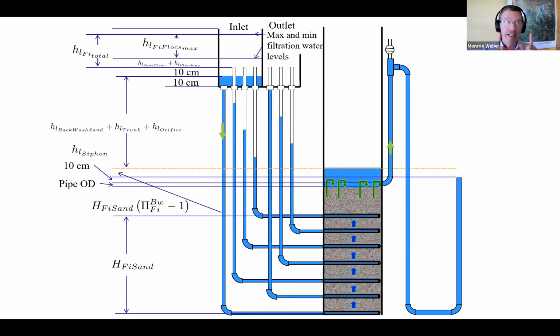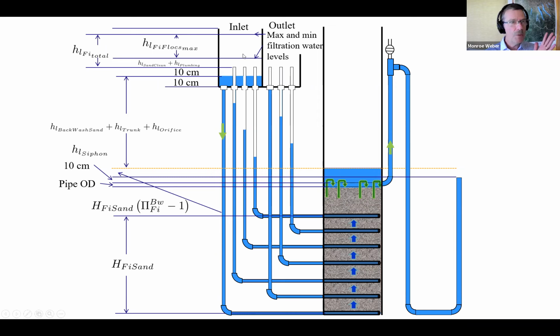Okay, so let's look at what happens in a STARS filter. Here's the STARS filter in backwash mode. When we open up this valve up here and stop the backwash exiting through that siphon tube, water continues coming in through this inlet box.